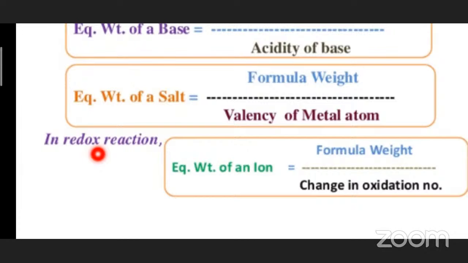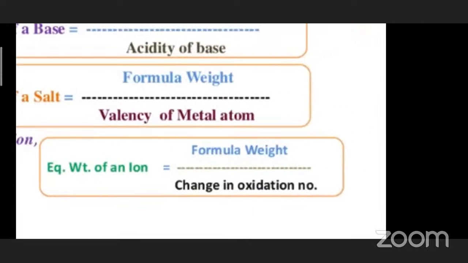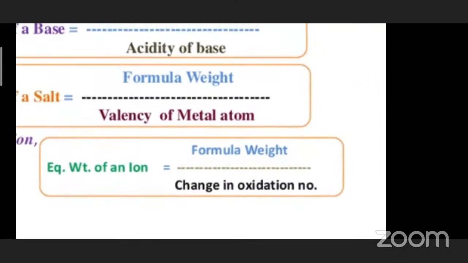is reduction. So whenever a substance is losing electrons, another substance will accept them. Okay. So however many electrons are being lost or gained, that is what is called the change in oxidation number. So equivalent weight of an ion is nothing but formula weight divided by change in oxidation number.